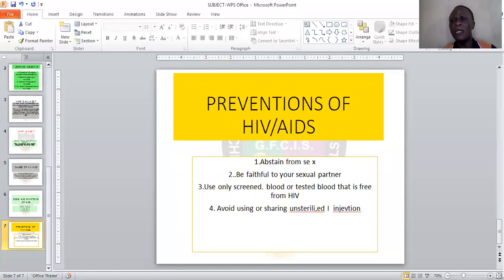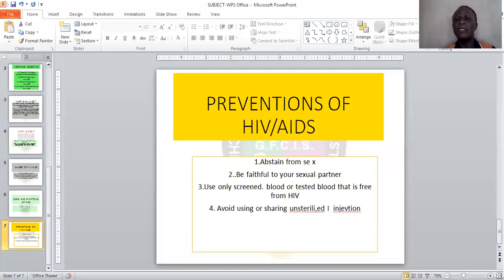It's not written on the body or on the forehead. The person may be giant, stout, and look handsome or beautiful, and might be an HIV/AIDS carrier. So we need to be careful and be watchful.